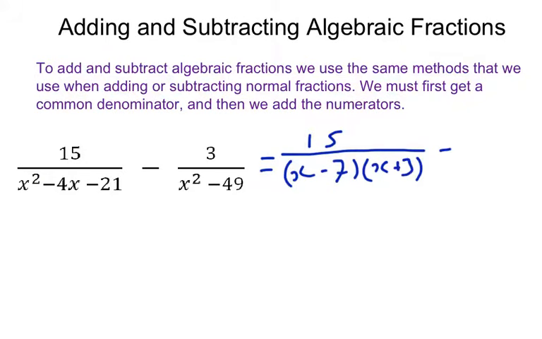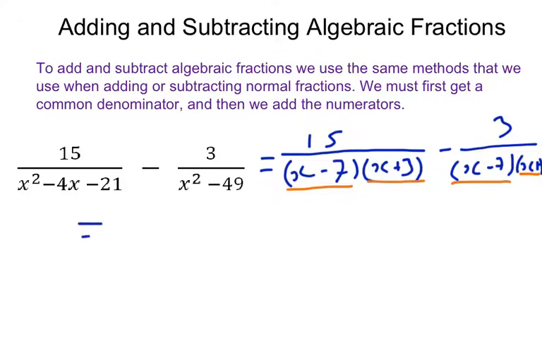And the second one is a difference of two squares, so it gives us x minus 7 and x plus 7. Now we can find the common denominator. And we notice that both of them have x minus 7 in the bottom, so we just need to combine the other two parts, the x plus 3 and the x plus 7, into the common denominator.